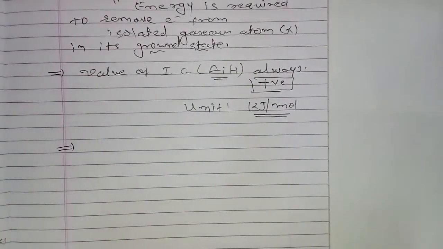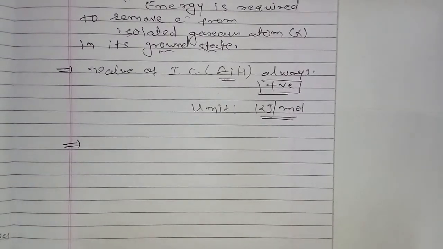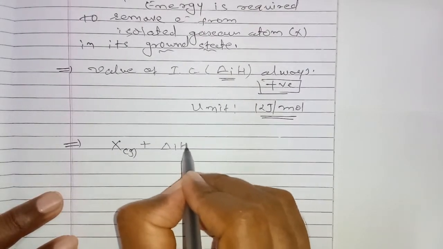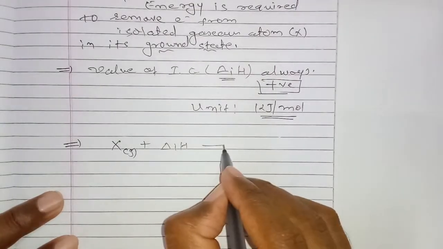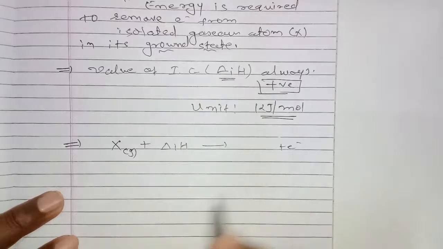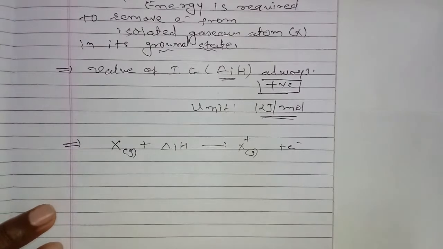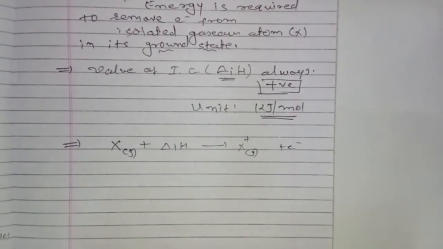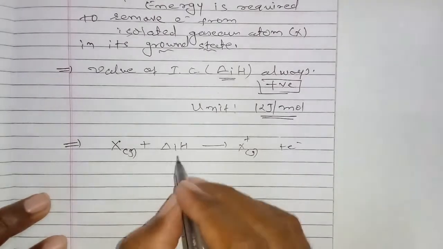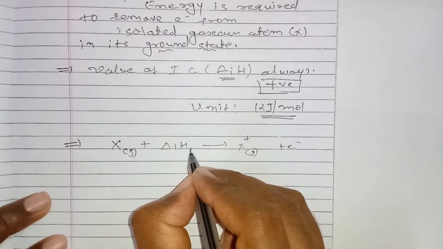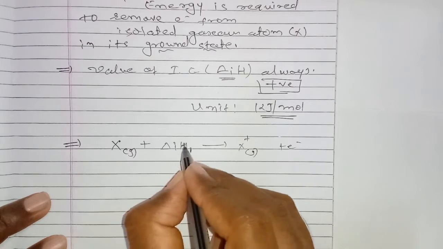Second thing, what is first ionization enthalpy? Here energy is given, it loses one electron and is converted to a positive ion. So the energy required to lose one electron is known as the first ionization enthalpy, delta I H1.